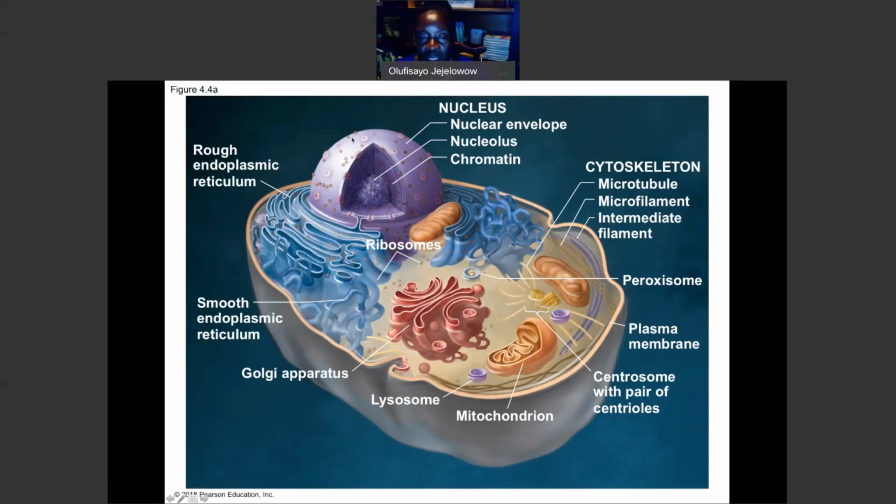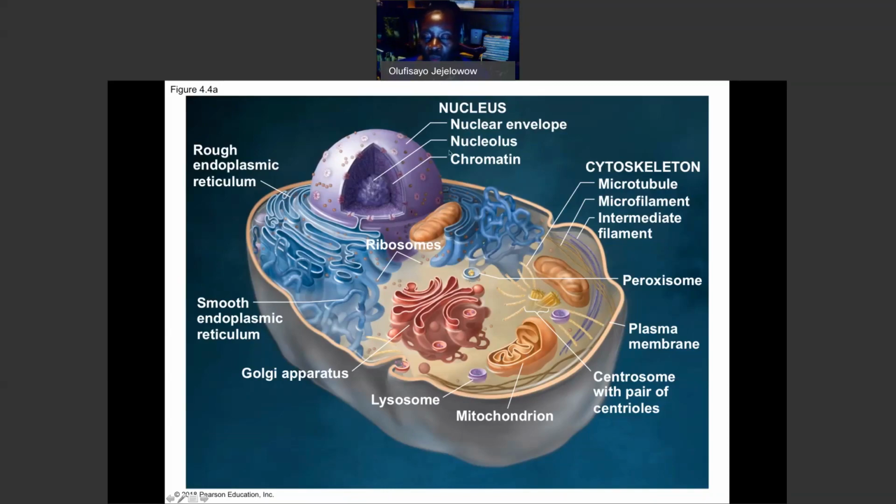So there's not any cell in which you're going to find only 1, 2, 3 mitochondria, or few ribosomes. You have hundreds of ribosomes in the cell. Depending on the energy activity of the cell, you have lots of mitochondria in the cell. So this is a representative, illustrative cell.